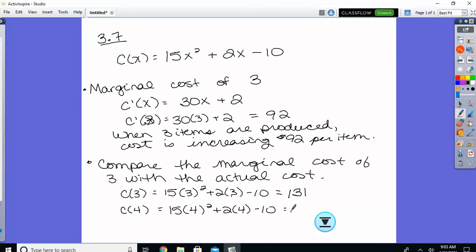Plugged in a 4, we get 238. So the true cost increase, if you subtract those, is 107.